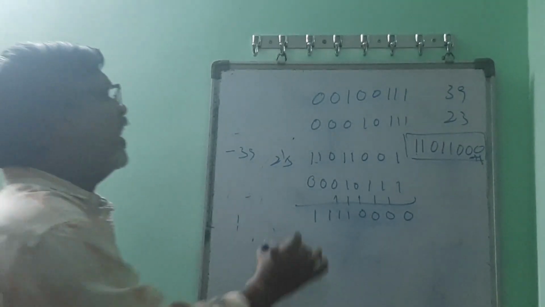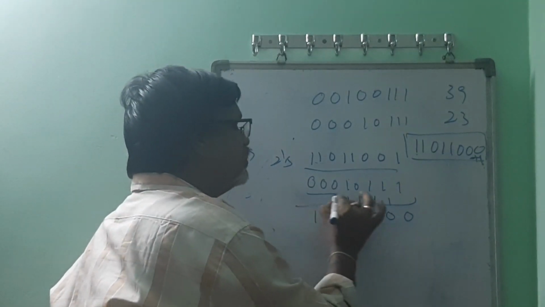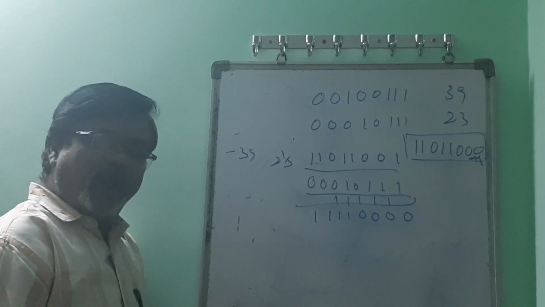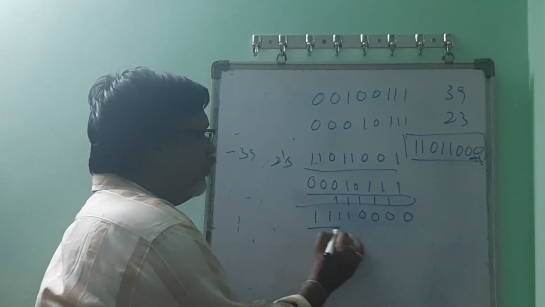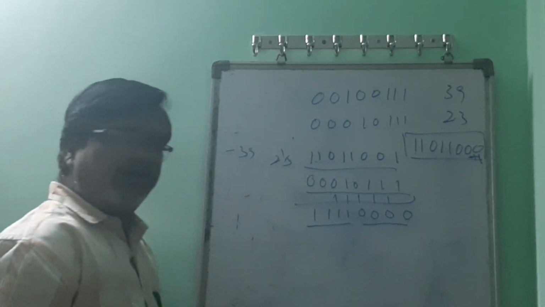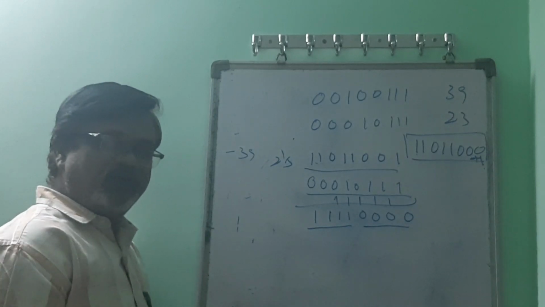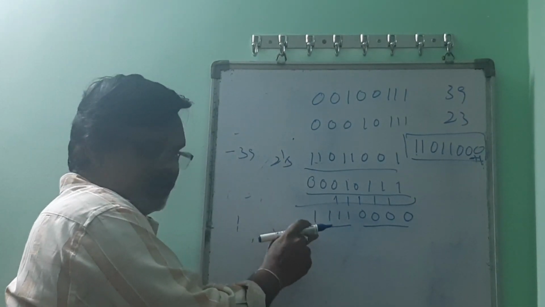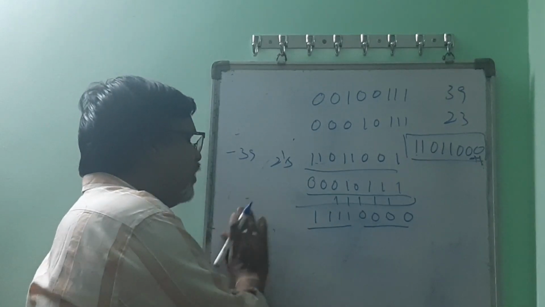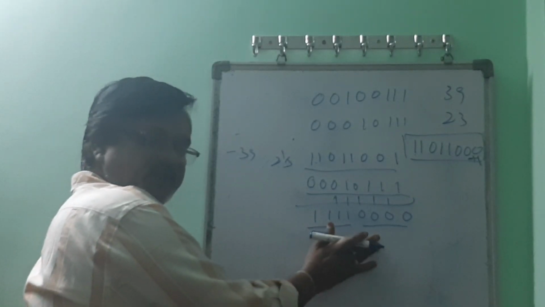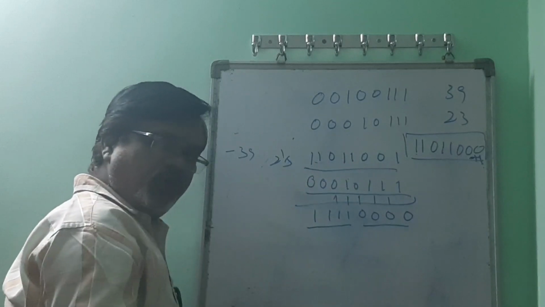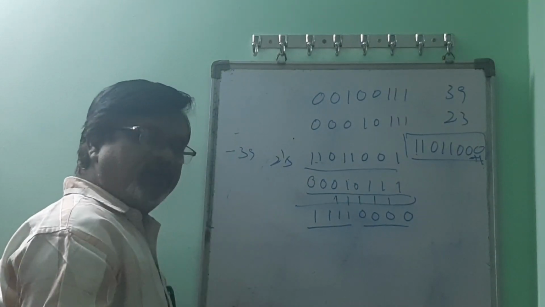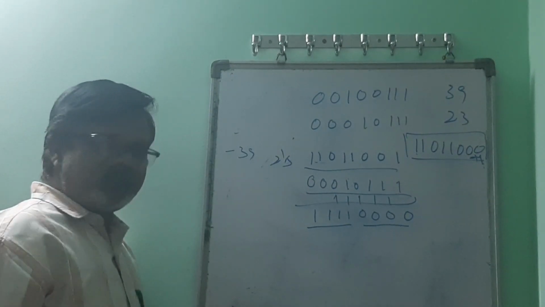So when you are adding two 8-bit numbers, how many bits did you get as a result? Only 8 bits. Then, what I told you in the previous example: when you get the same number of bits as a result, you should consider that it is a negative value, and you have to convert it into the equivalent value.